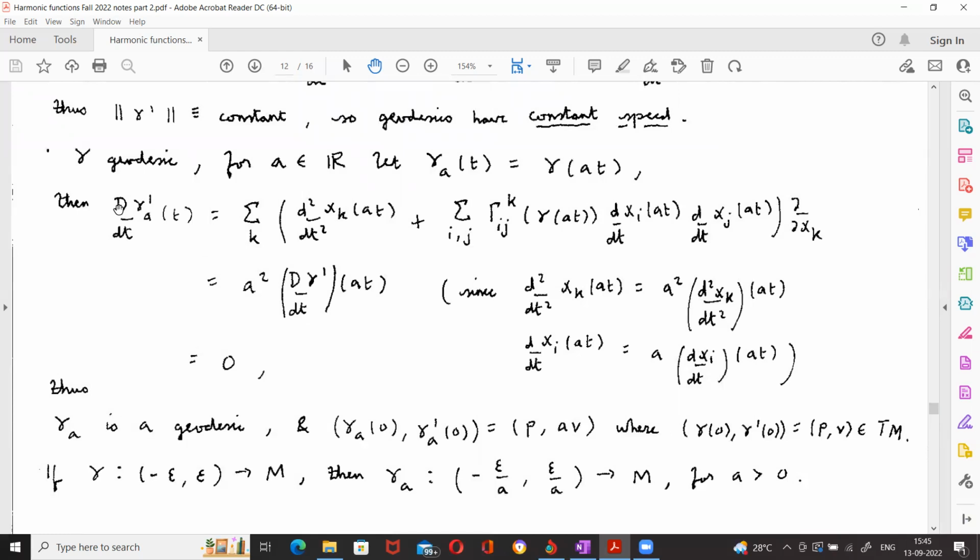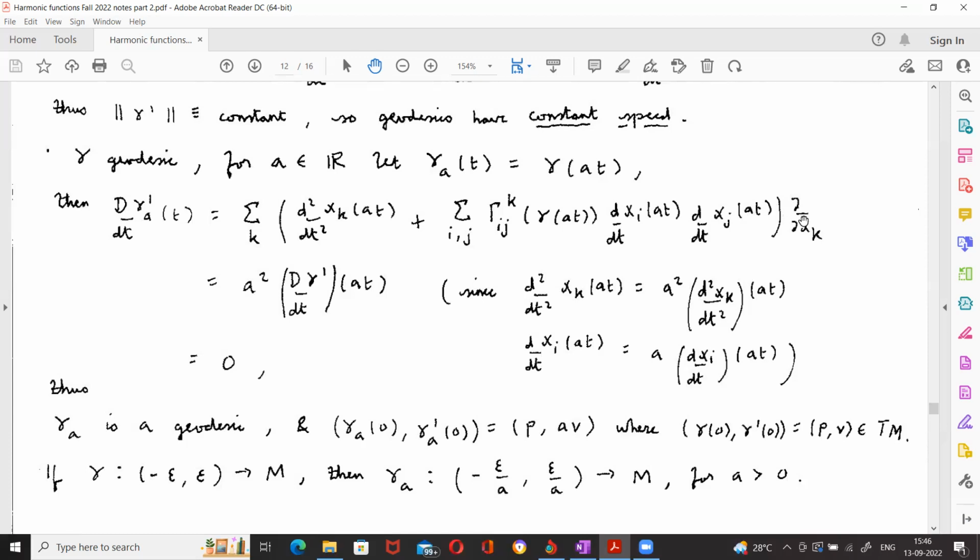Let's look at the covariant derivative D/dt of gamma a prime of t. That's going to be the sum over k of d squared/dt squared x^k of at, plus the sum over i, j of Gamma^k_ij at the point gamma of at, times d/dt of x^i of at, d/dt of x^j of at, the whole thing times del/del x^k.